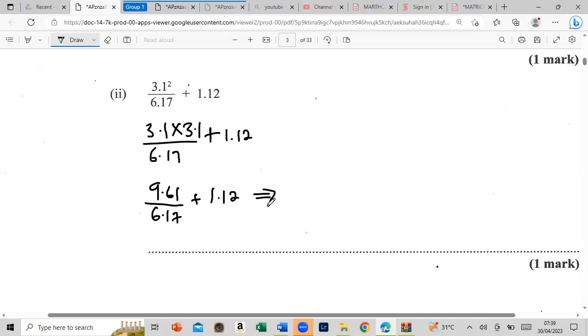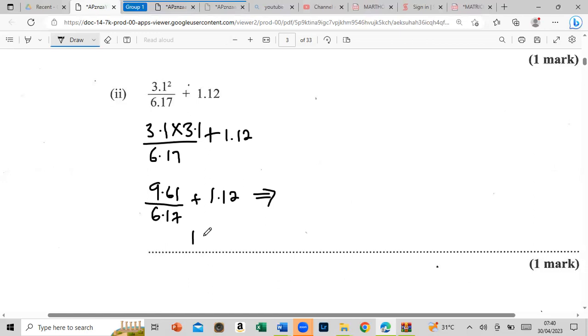All right, so you have 9.61. Now we're going to divide that by 6.17, which my calculator gave me to be, I think the calculator is wrong. It's giving me 0 point something. That's impossible. 6 can go into 9 at least one time.